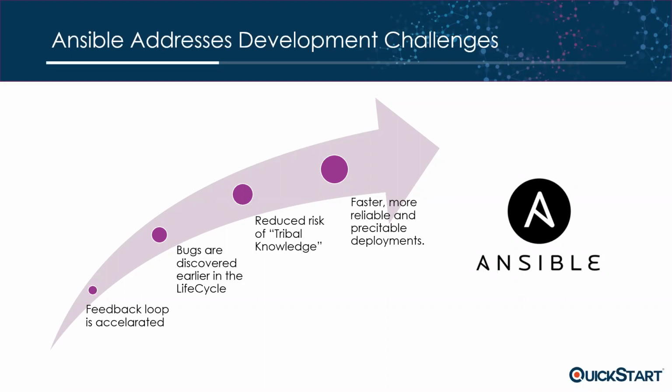In addition, bugs are discovered early in the development lifecycle. The faster we detect the bugs, the cheaper it will be. That means that addressing those bugs is easier, less risky, and certainly less costly.